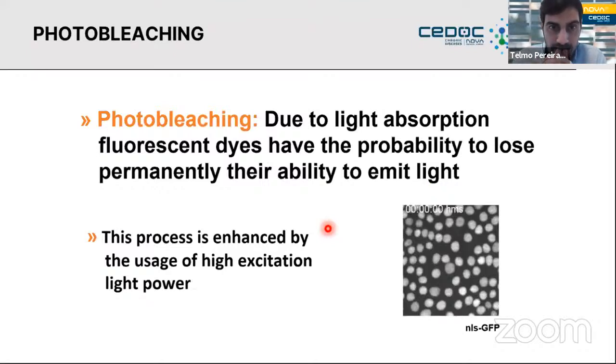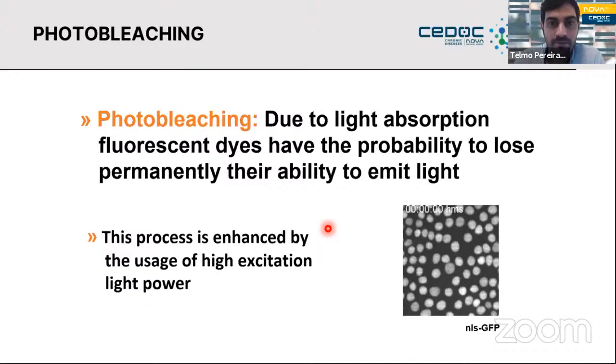now moving on to the last part of this fluorescent part of the talk, and I will end it with photobleaching. So photobleaching is the number one enemy of imaging. So maybe not the number one, but it's one of the top enemies of imaging, because once you are exciting your fluorophores over and over, there's a certain probability that they will lose the ability to emit light.